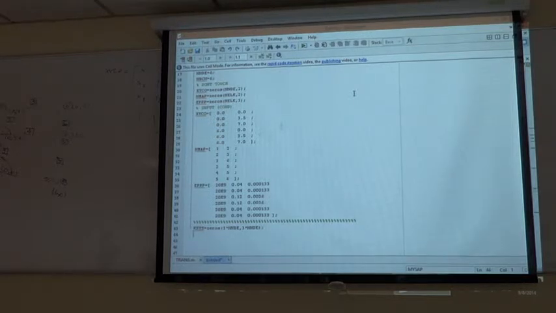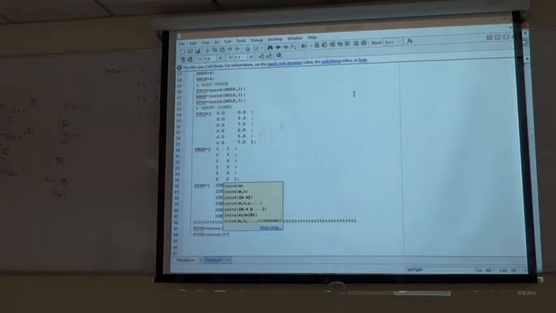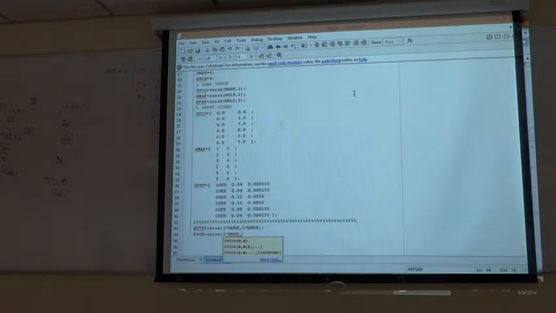You have the force system F6 equals to zeros, 3 times NNDE comma 1. Right? You get K6, you get F6.